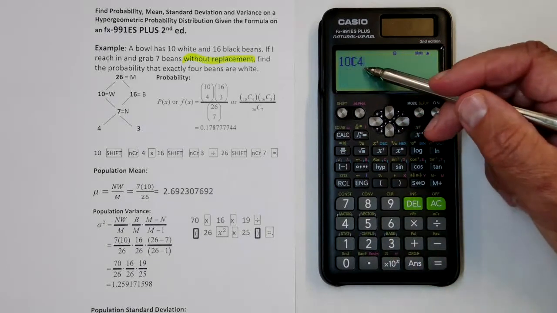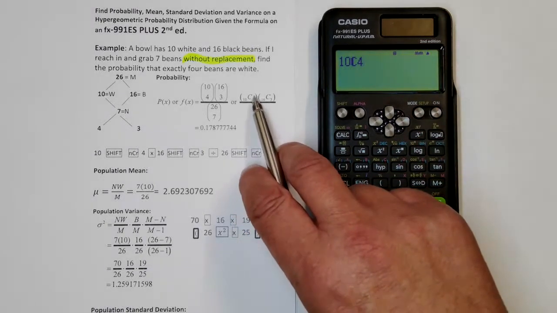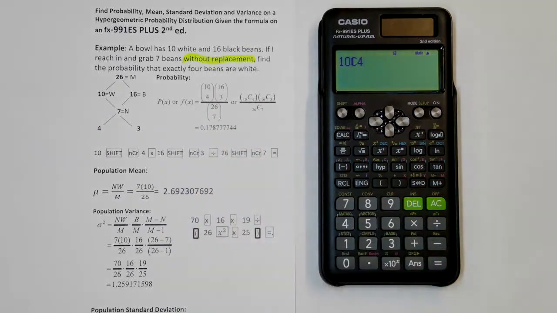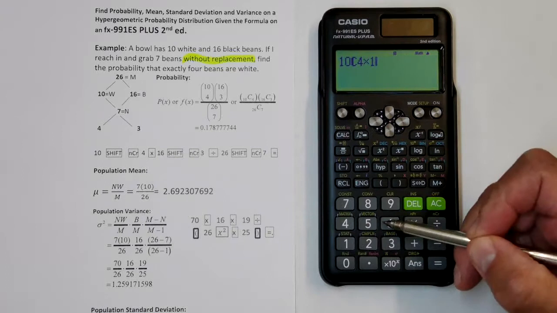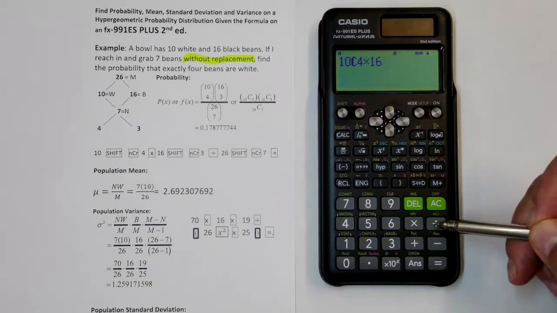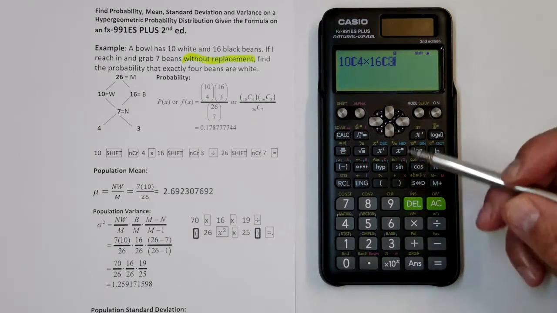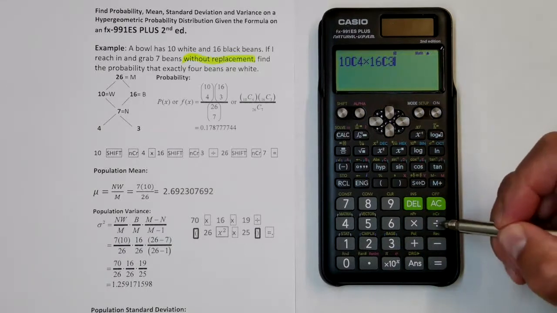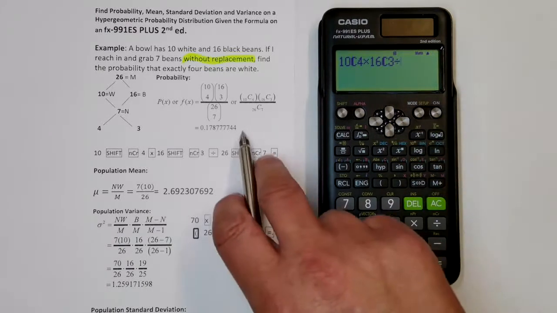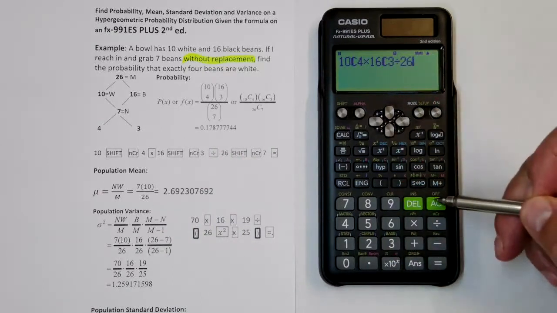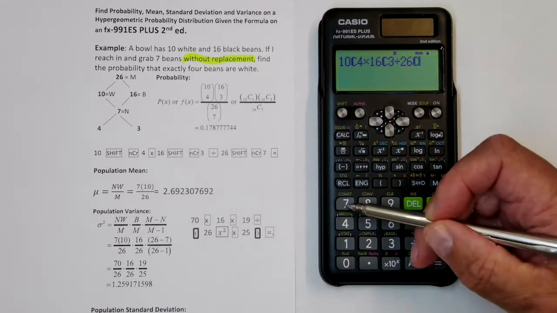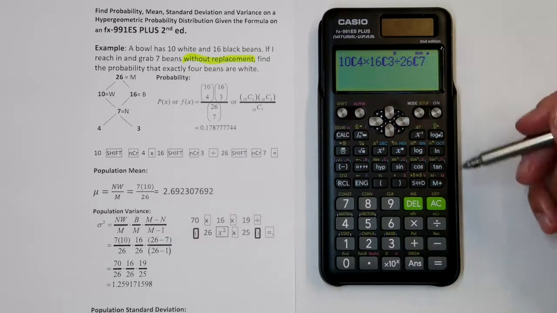So see 10C4, which is the combination, times 16, Shift, division key, 3, 16C3, divided by 26, Shift, division key, 7. So it's going to look like that.